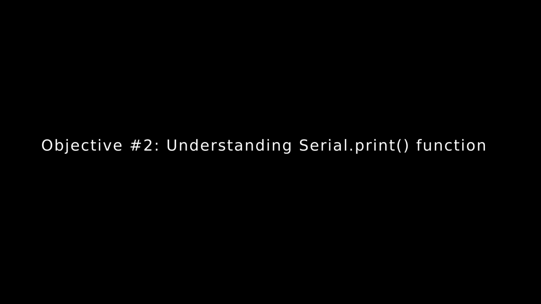The second is understanding the function Serial.print: the purpose and the functionality of the function. The third objective will be the syntax and parameters, the different data types that can be printed inside using the Serial.print function.